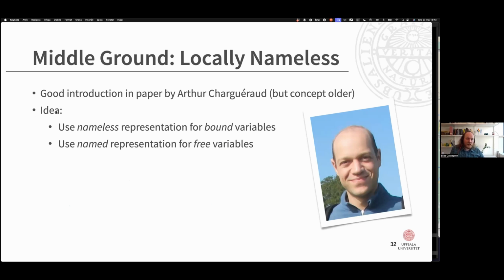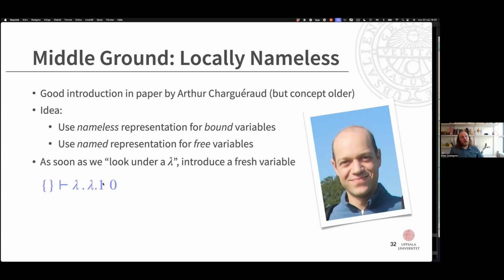So the idea is that we use nameless representation for bound variables, and we go back to using named representation for free variables. What I mean by this is that our lambda terms are the same as the de Bruijn indexes, but whenever we peek under a lambda, whenever we go inside a function, we introduce some fresh variable, for example f in this case, or x, and then we can reason about them using names, meaning we don't have to shift stuff around or anything.